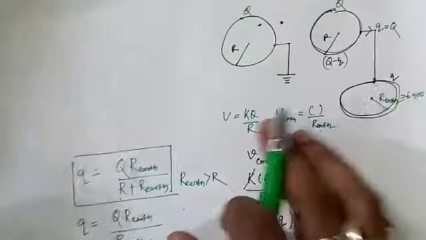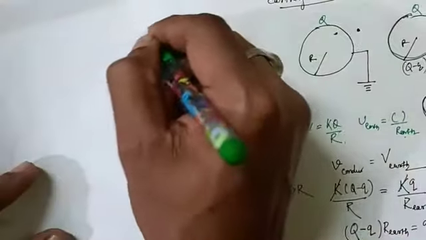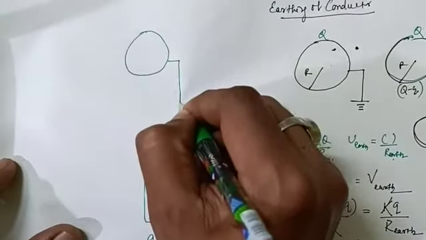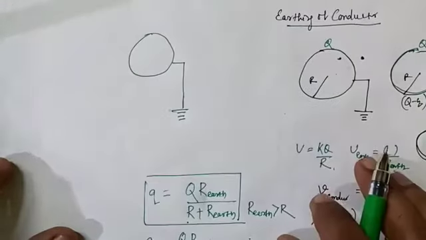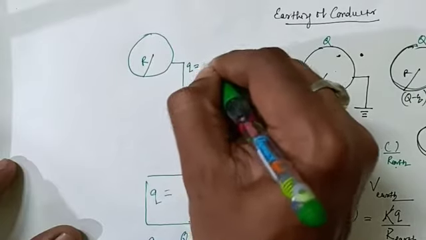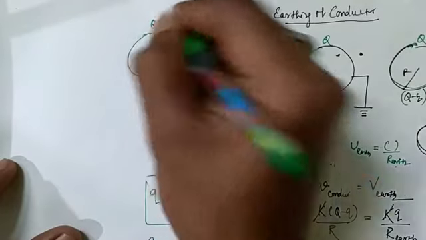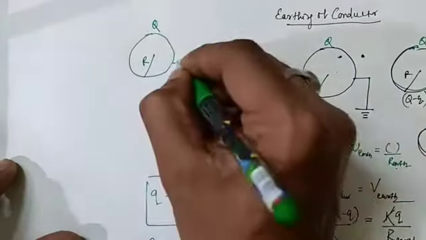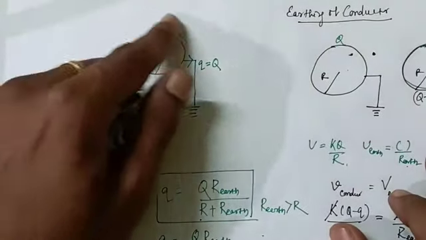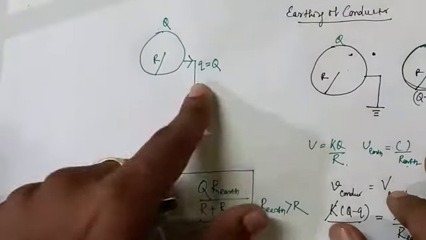Usually what students feel in these questions, if you observe a little carefully, I will draw here. This is my conductor and this is grounded, means it is connected with earth. The radius is r and the charge is capital Q. How much charge flows to the earth? Q amount of charge. It means all the charge flows to the earth.